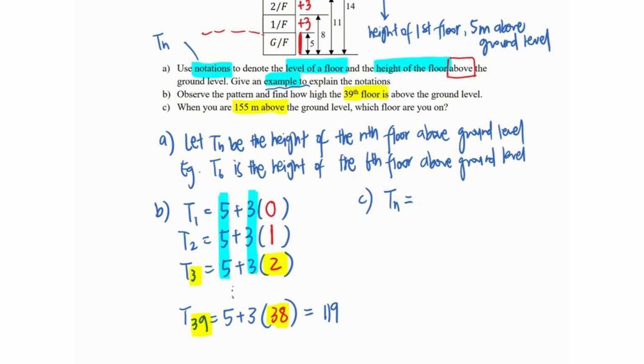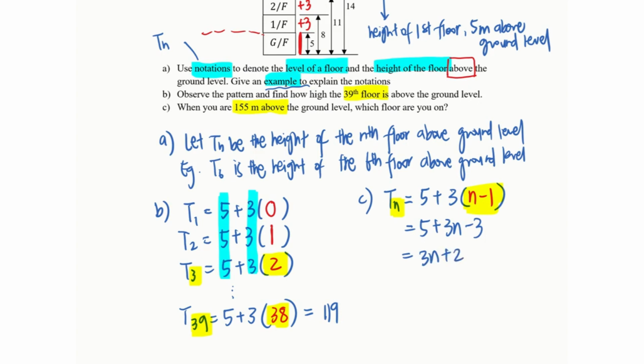And you realize again it is the starting number of 5 plus common difference of 3 multiplied by n minus 1. From the previous example, you will realize that it is always 1 lesser than the position of the number. So now we can expand and simplify. It will be equal to 5 plus 3n minus 3 equals 3n plus 2.